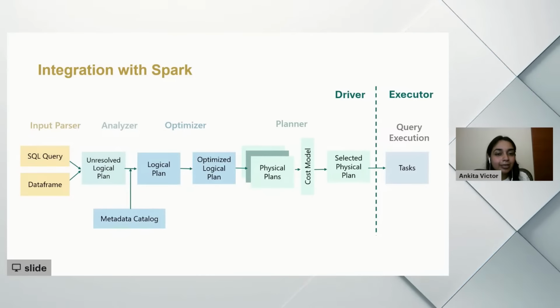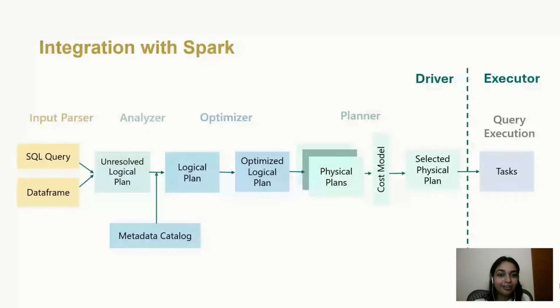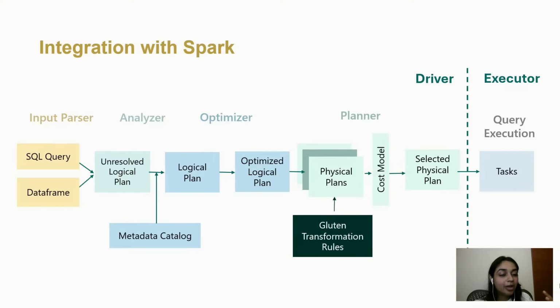So I'm revisiting this little architecture diagram from a few slides before to understand where exactly the native execution engine really fits in with Spark. Once you have the physical plan, Gluten is written in a way that it reuses as much of Spark's control flow as possible. The goal of the Gluten project is to not disrupt too much of Spark's flow, but to squeeze in at a point where a lot of the work is already done.